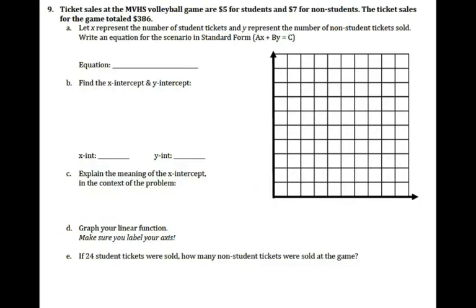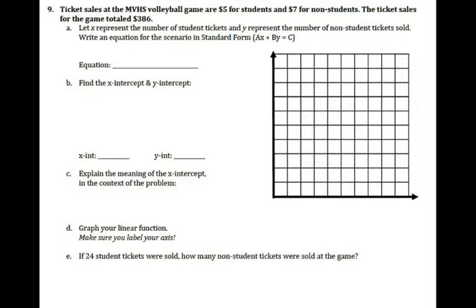All right, word problems. Ticket sales at the MVHS volleyball game are $5 for students and $7 for non-students. The ticket sales for the game totaled $386. Let x represent the number of student tickets and y represent the number of non-student tickets sold. Write an equation for the scenario in standard form, ax plus by equals c.